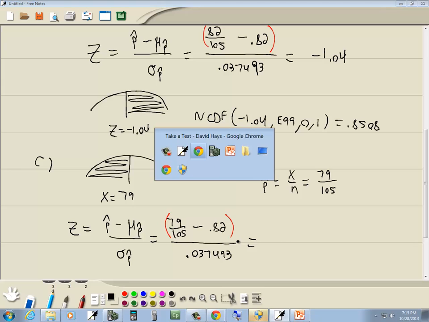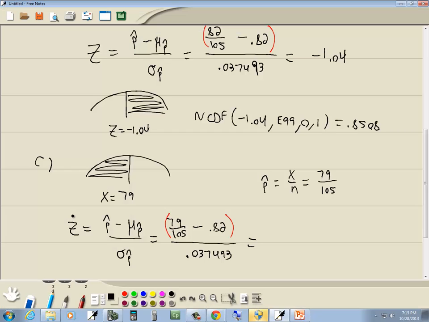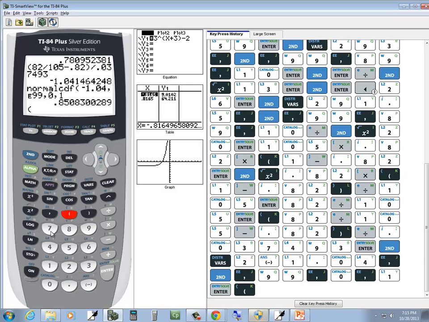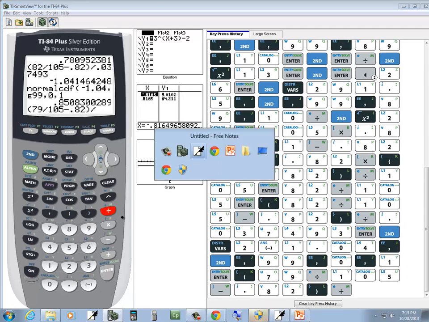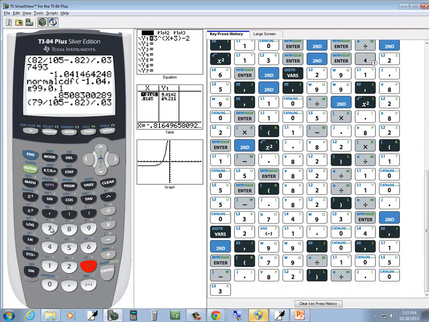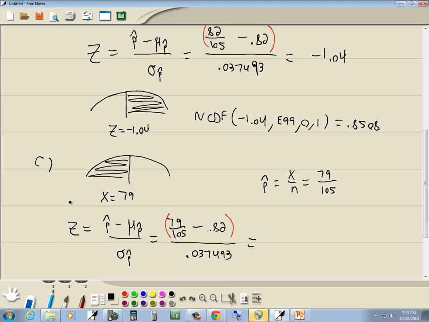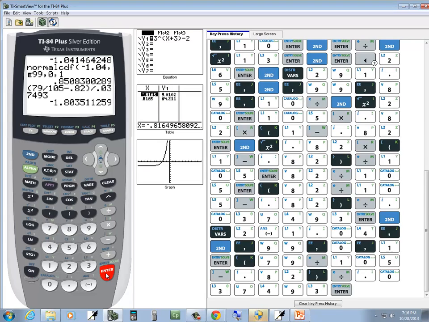So I do a beginning parentheses and 79 over 105 minus 0.82, close parentheses, divided by 0.037493. Enter. And to two decimal places, we've got negative 1.80.